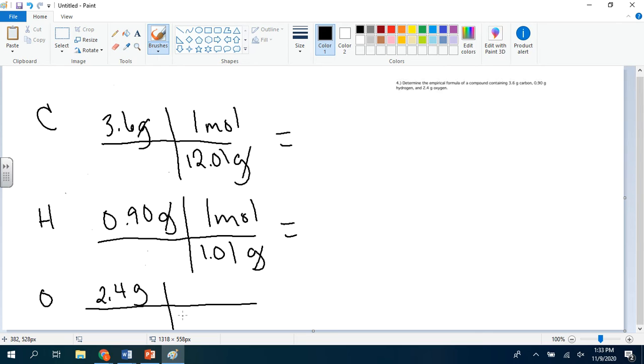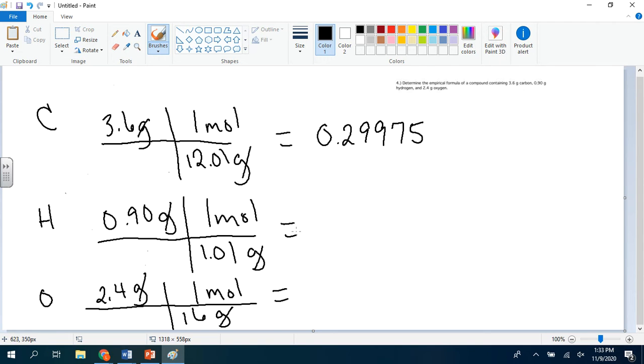And for oxygen, it's fine to use around 16 for oxygen. Okay, grams cross out. All right, I'm doing this math right now. So what I'm going to do is take 3.6 divided by 12.01. All right, so this number right here is 0.299. I'm going to go ahead and go out a few decimal places.